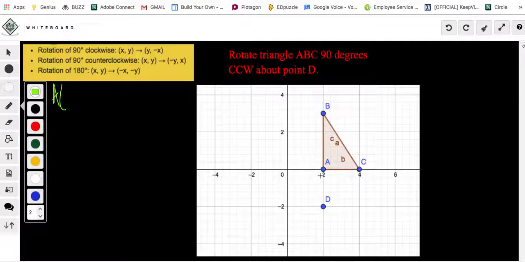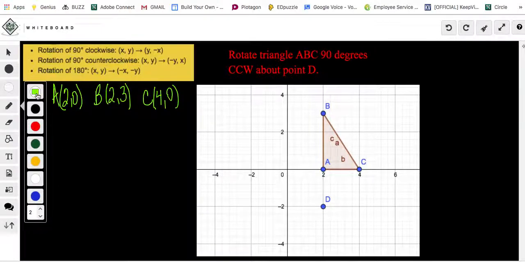A lot of times they're not going to give you the coordinates on some of your tests, so you'll have to figure it out. So point A right here, you can see is 2, comma 0. Point B is 2, comma 3. And point C is 4, comma 0.